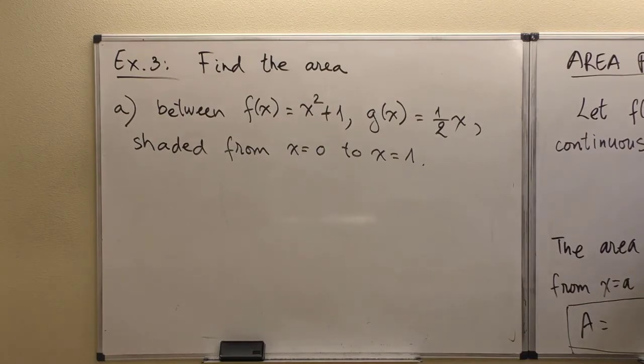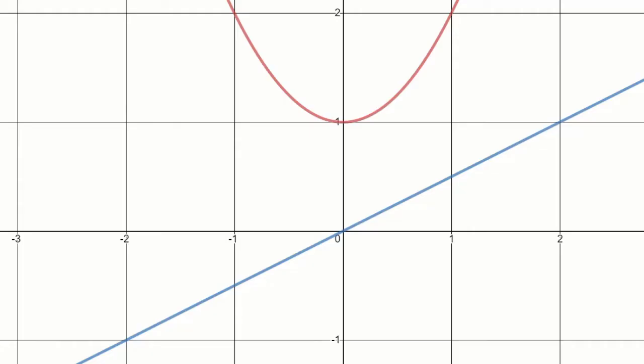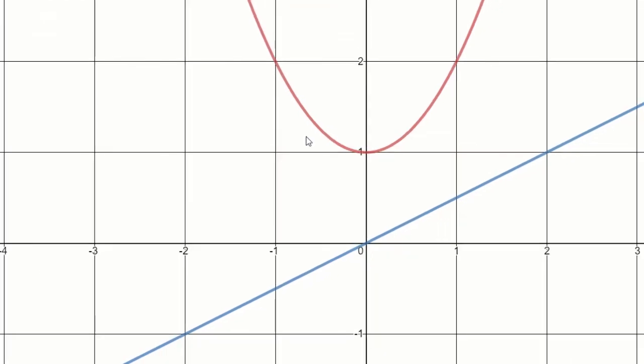let me quickly prepare my graphing calculator screen right here, and we will have a much better understanding of this. All right, so the graph in red is the graph for the x squared plus 1 function, f of x. So f of x is right here.